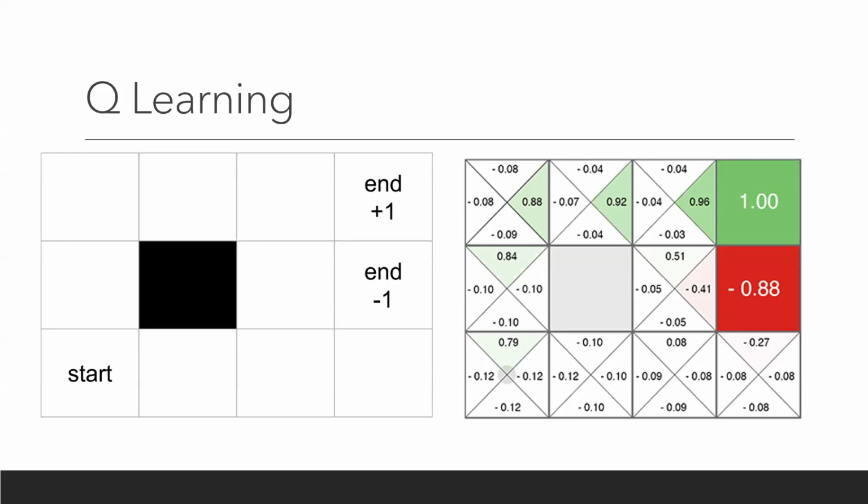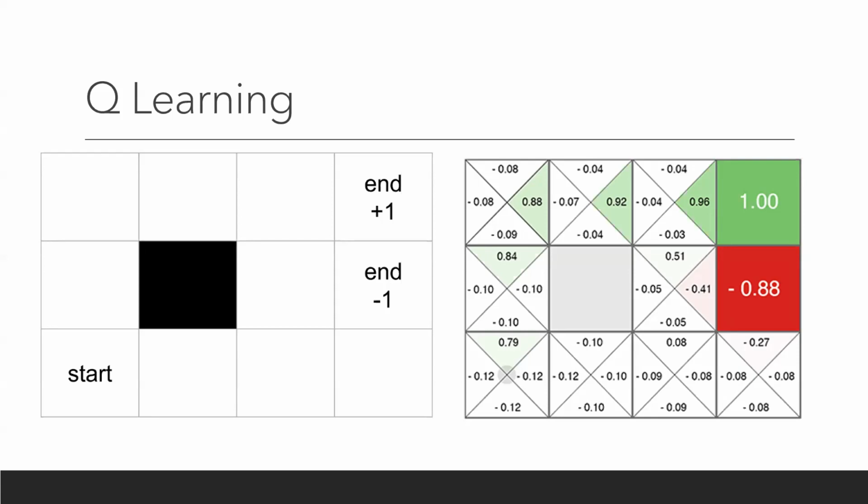At the end, maybe the numbers here change, but the particular action in a particular state with the maximum potential to reach the positive end is the same. At that time we say the grid world has converged.